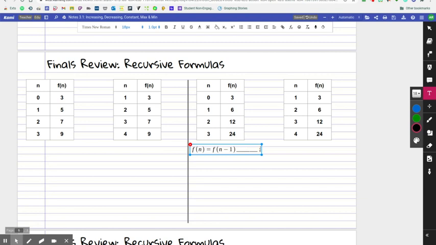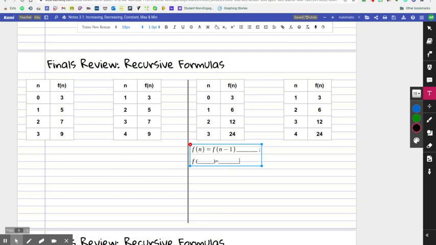That something changes with each table. But what I wrote here, f of n equals f of n minus 1, that doesn't change. That remains the same no matter what. And then with recursive formulas, they had them pesky start values. So you had f of something equals something. Very specific, I know.